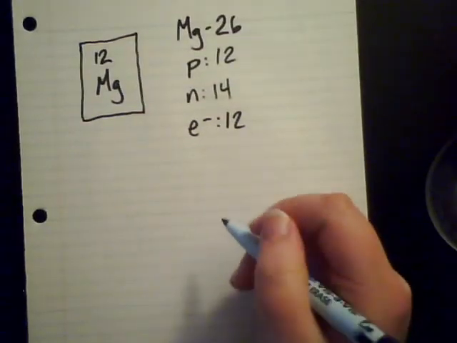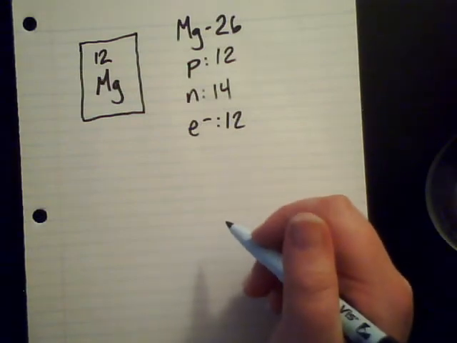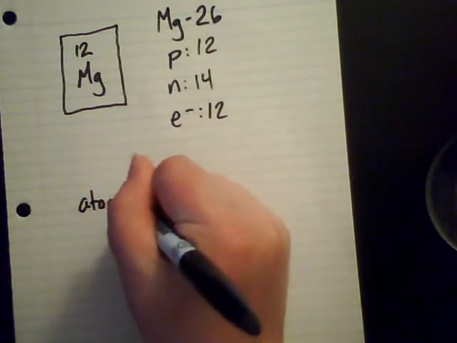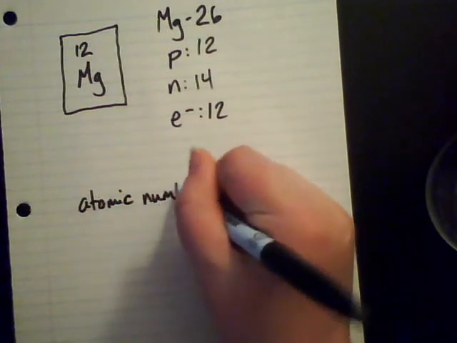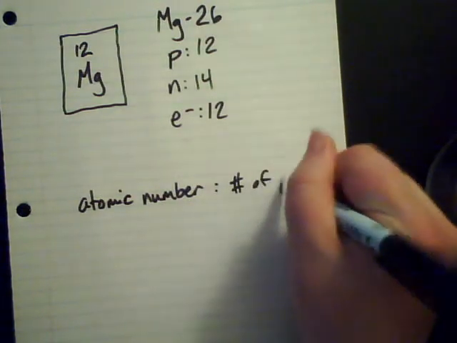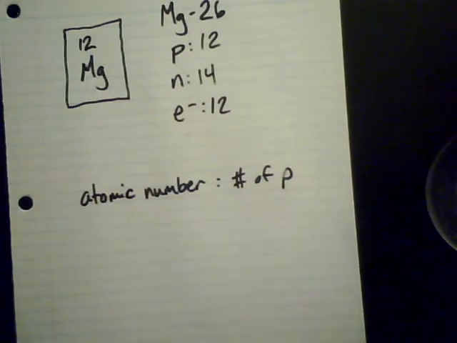So I want to summarize here, just at the end. There's 3 important terms, and they all kind of look similar to each other. There's atomic number, and atomic number is the number of protons. This is the number that's at the top in your periodic table.